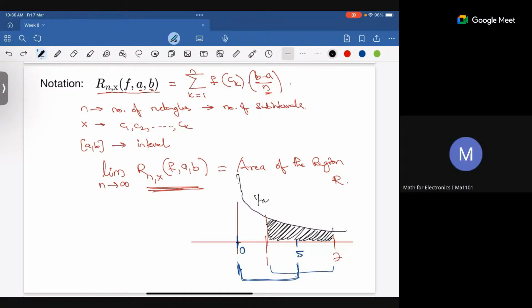Sorry, distance versus time. If you plot distance versus time, what will the area under the curve give me? Again, it will be distance into time.